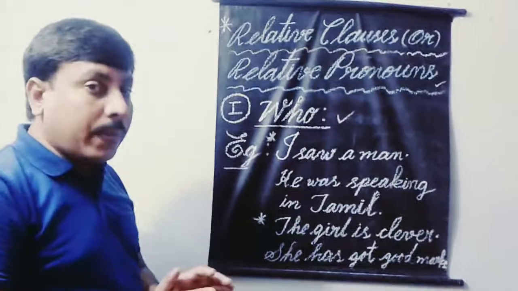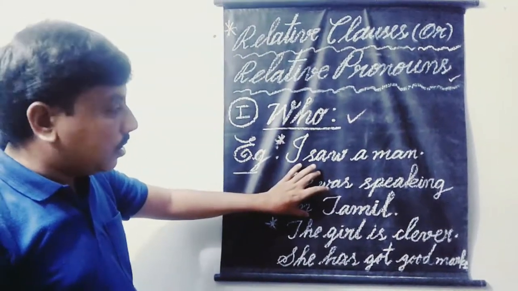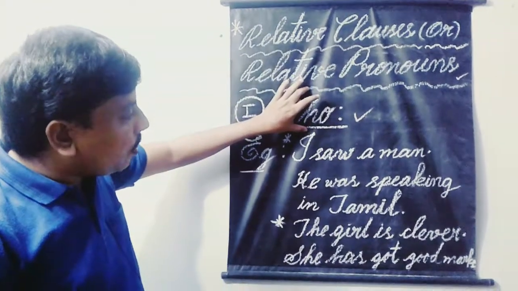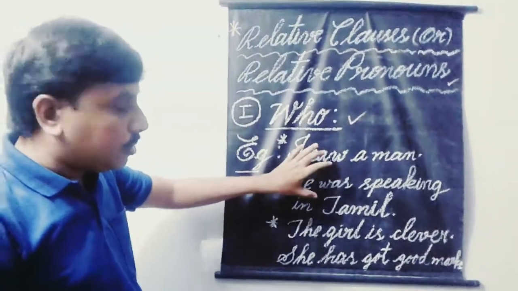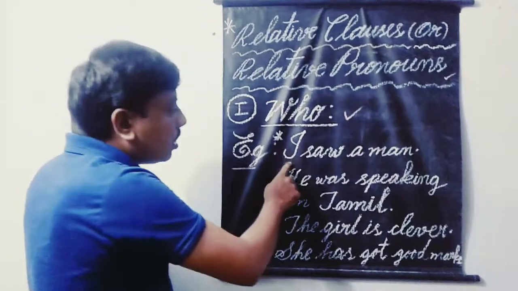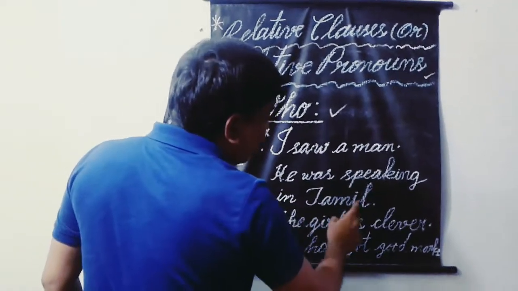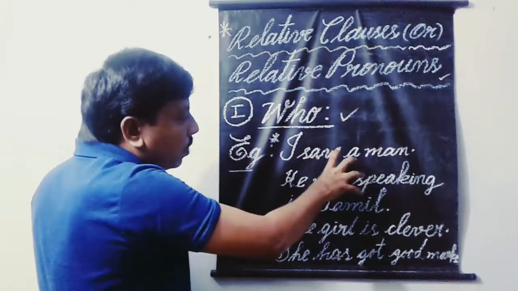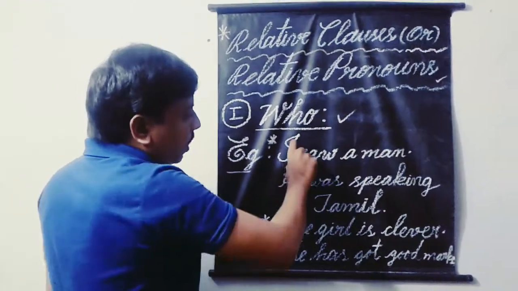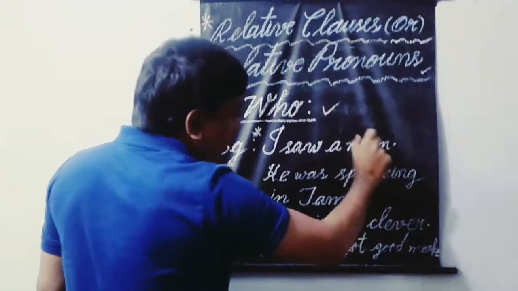How to combine these two events by using the relative pronoun who? Let us see very clearly. I saw a man. He was speaking in Tamil. These are the two events. This one is in simple past tense and another one is in past continuous tense.